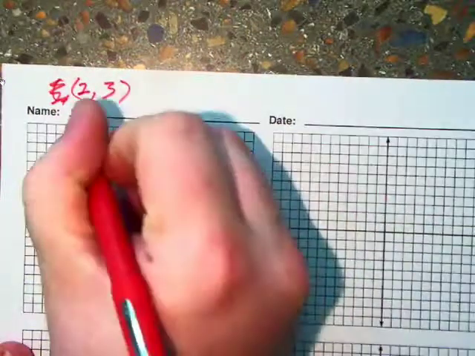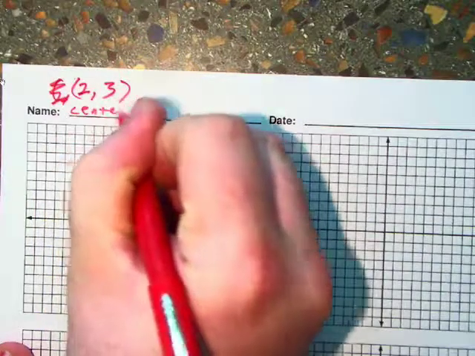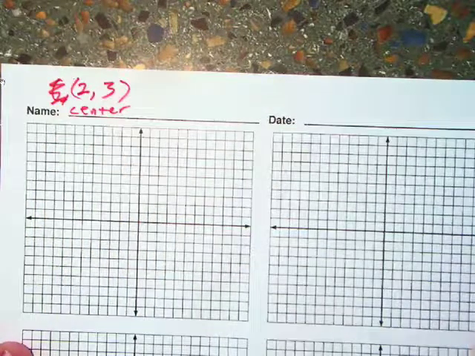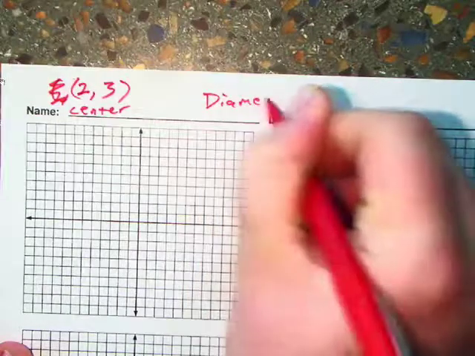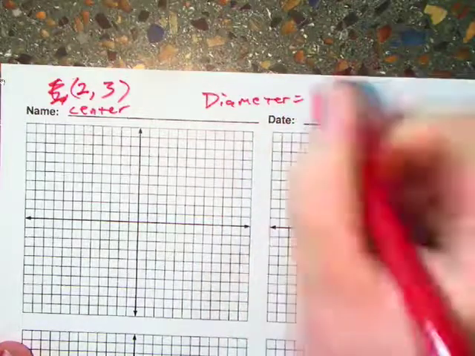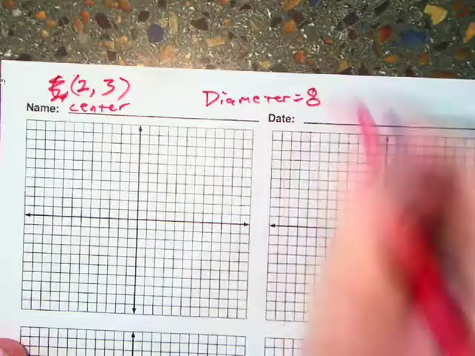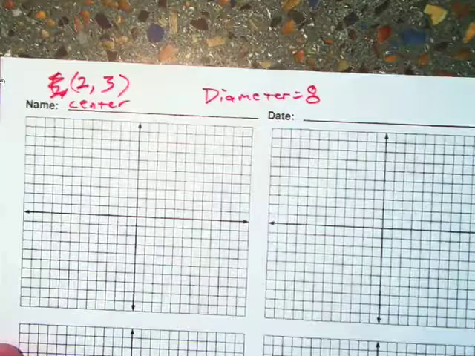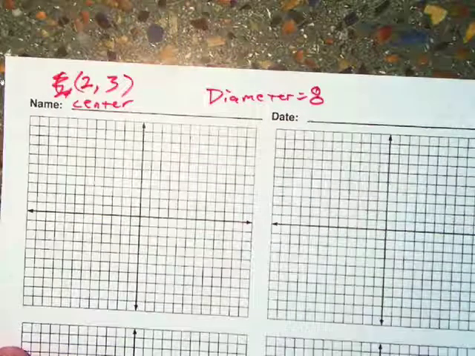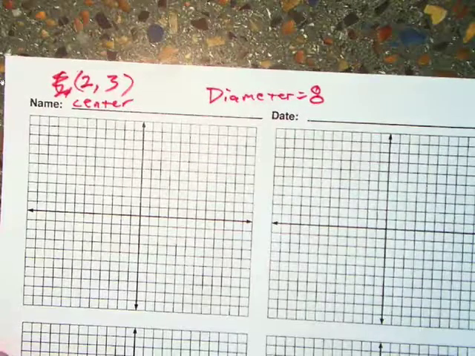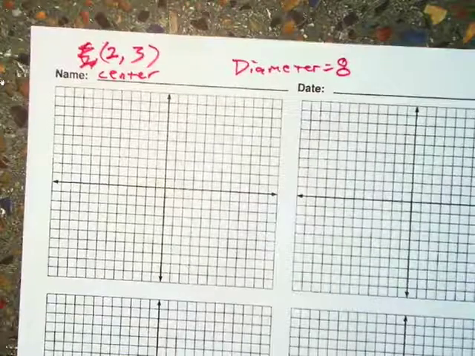Okay, so that's the center. And with the center, let's say I have a diameter of 8. That's exactly the same problem as number 6, I just changed the numbers a little bit. Let's go through it, and I'll do it like this so you can see what's going on.